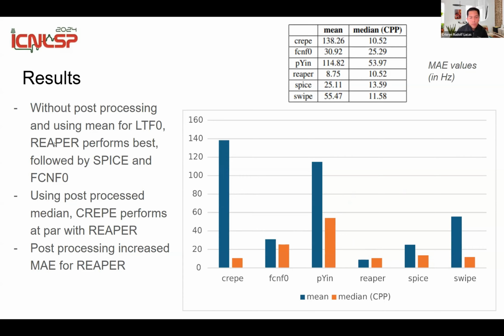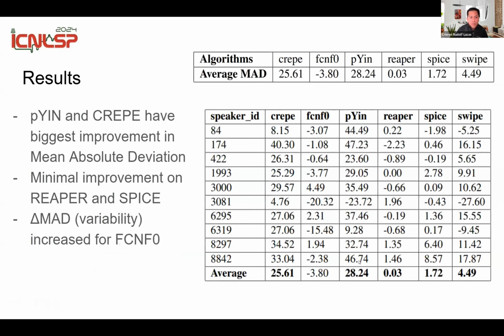So summarizing this figure, without post-processing, Reaper performs best, followed by SPICE and FCN F0. And using post-processing, CREPE performs at par with Reaper. But a notable observation is that when using the post-processing techniques, the mean absolute error of Reaper actually worsened in performance.